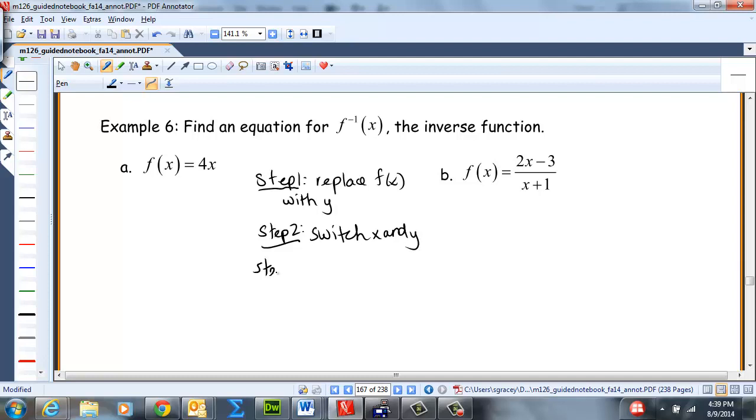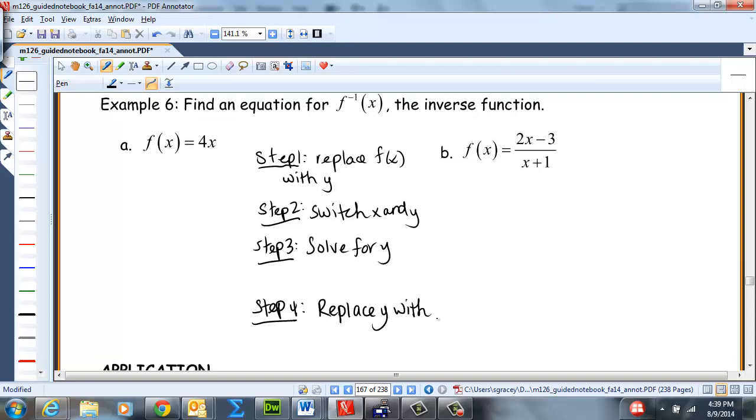Step 3, solve for y. And step 4, if you can, was replace y with f inverse at x. Okay?